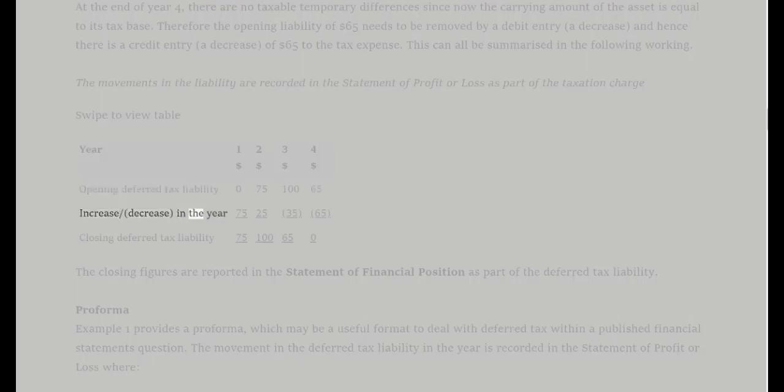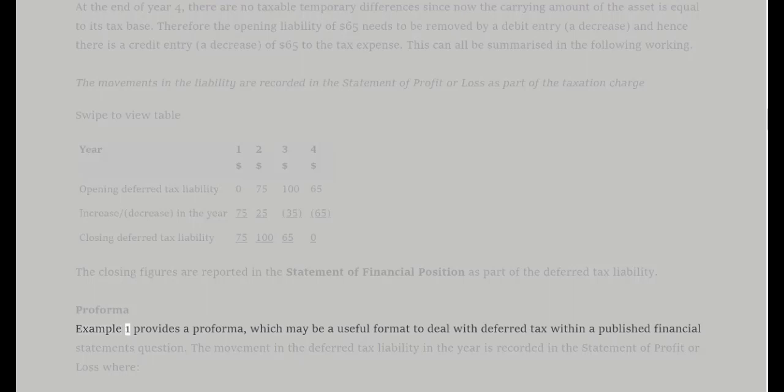Increase/decrease in the year: 75, 25, (35), (65). Closing deferred tax liability: 75, 100, 65, 0. The closing figures are reported in the statement of financial position as part of the deferred tax liability.